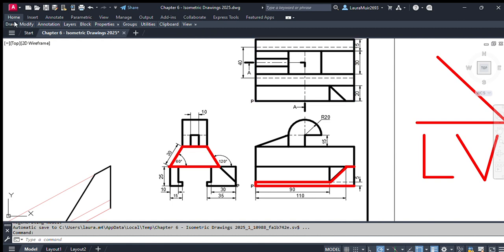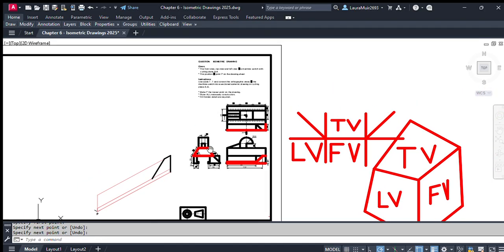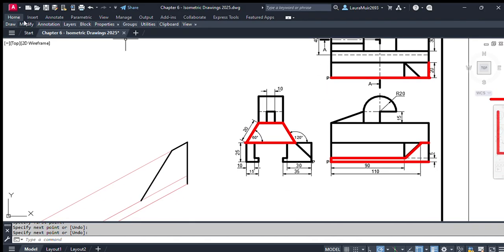So we've worked with this front line here. We know that that goes back 20. So we're going to go back 20.